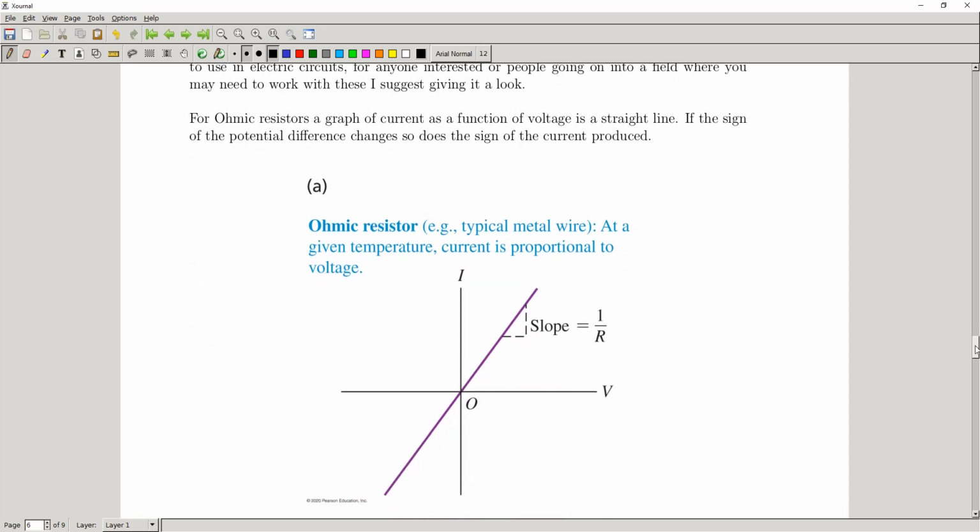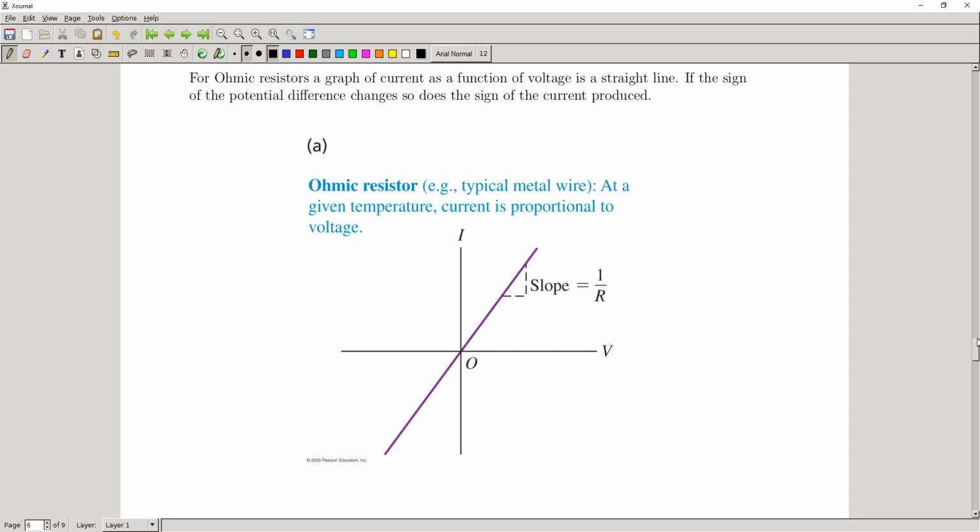So for ohmic resistors, this is again resistors that follow Ohm's law, the graph of our current as a function of voltage is going to be a straight line, right? That's what we see down here. I mean, we can see everything that we need to see from the plot here, right?